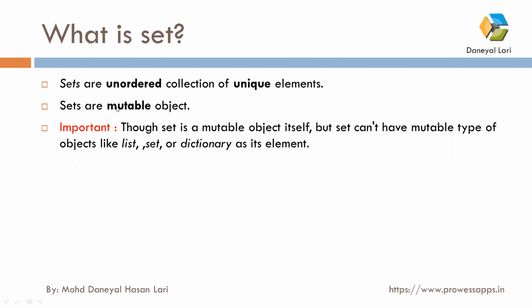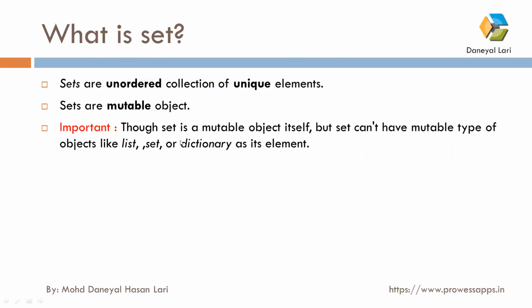Sets are mutable objects. It means if you make changes to the set, they will be reflected in the same object. One important thing related to mutability in sets is that, though the set is a mutable object, a set cannot have mutable types of objects like list, set, or dictionary as its element.